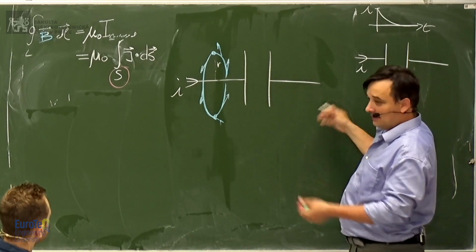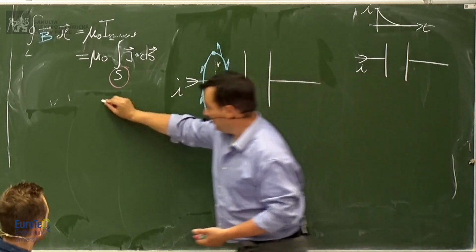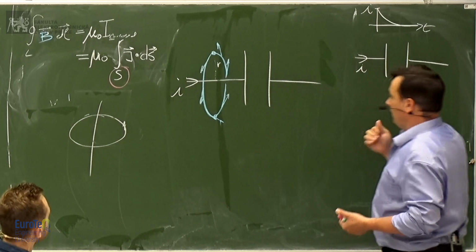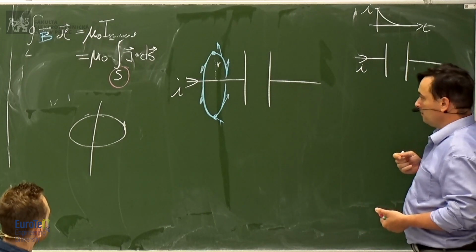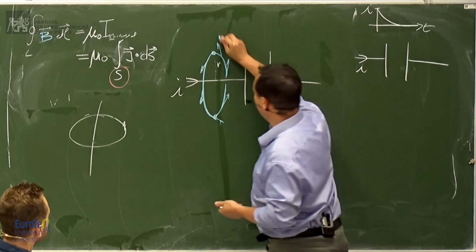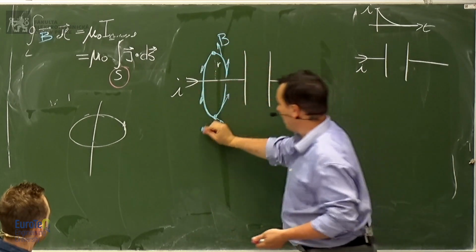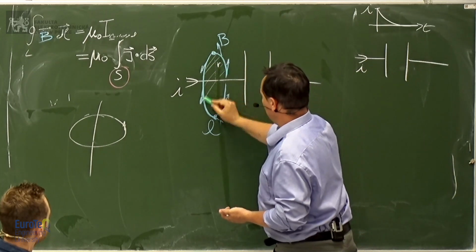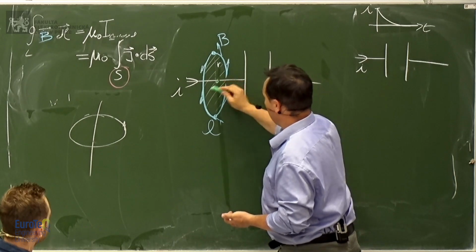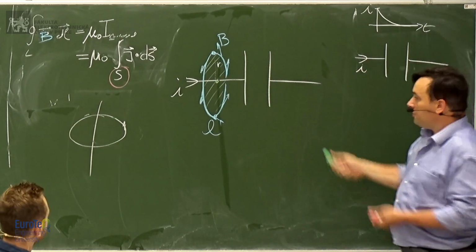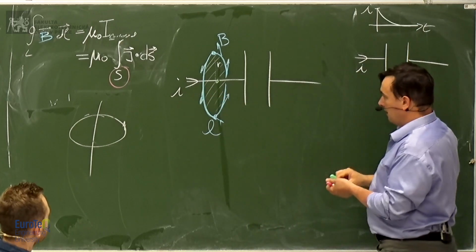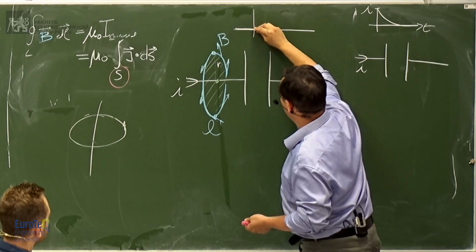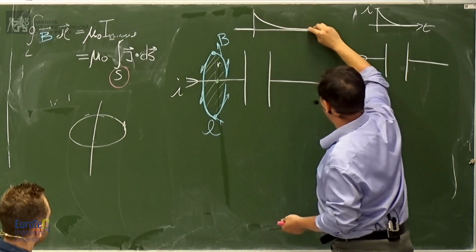It's the very same thing, now I'm just making it horizontal. That doesn't change. We know that if you make the integral of B over this line L, you get the current which crosses this surface, which is this current I. And the current I, we know it has this behavior over time.